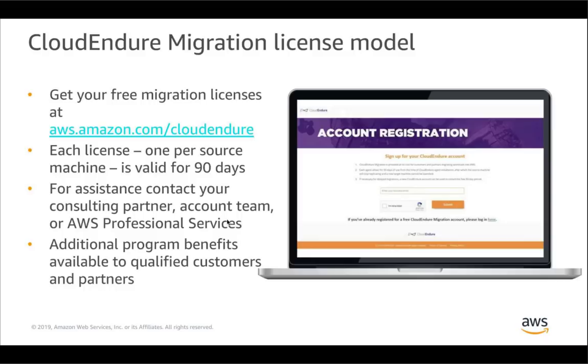While the use of CloudEndure Migration is free, you will incur charges for any AWS infrastructure, such as compute and storage resources, that is provisioned during the migration and after cutover. There are special programs available to AWS customers, so if you are planning a significant or mass migration, please do get in touch with your AWS partner or your AWS sales and solution architecture or professional services teams to see if you qualify for additional benefits.